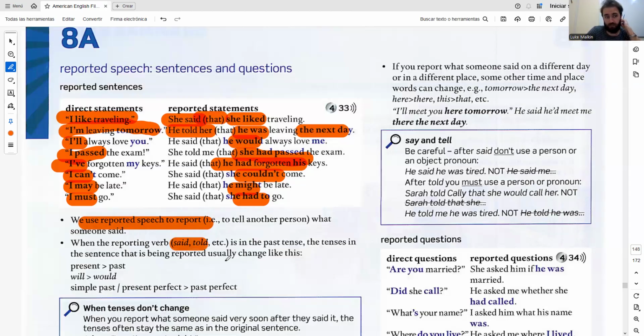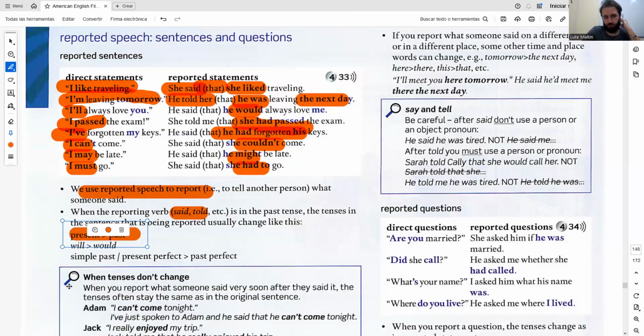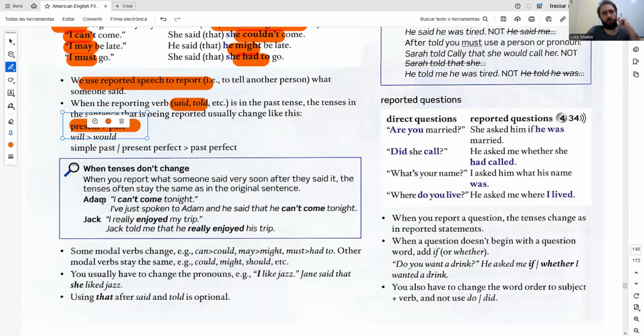That's in the past tense, and the tenses that are being reported normally change like this. Here's an example of when the tenses don't change. When you report what someone said very soon after they said it, the tenses often stay the same because not enough time has passed to make it confusing.